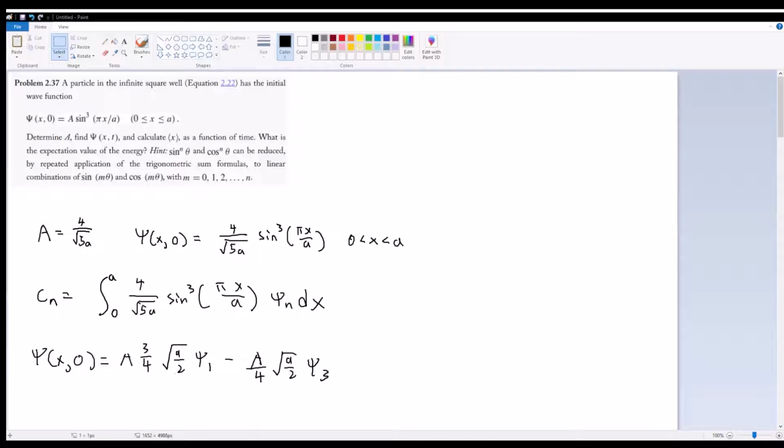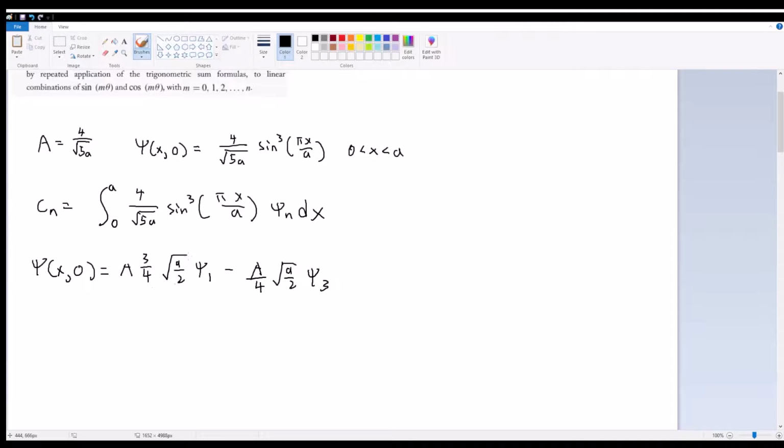Okay, the next thing we want is the expectation value of x as a function of time. So instead of doing the traditional thing of just jamming it in between psi and psi star, we actually have to find psi of x comma t and define it that way. So we already recognize the fact that psi of x comma 0 is just this, so we can just apply the time dependency onto it directly by attaching phi to each of these.